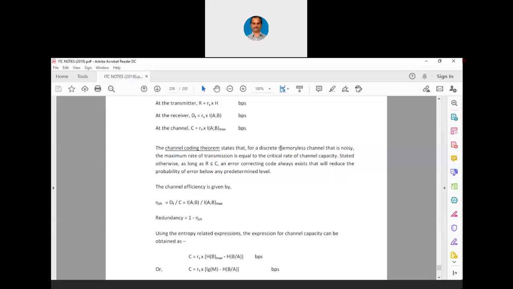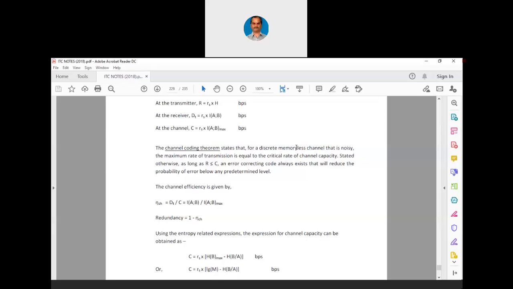Statistical dependency will be there at the source, but in the channel, there should not be statistical dependency. Channel should not be storing anything that way. So, a discrete memoryless channel which is noisy. Practically, all channels are noisy.